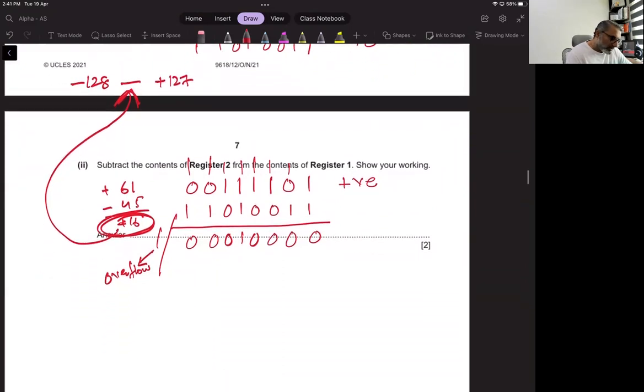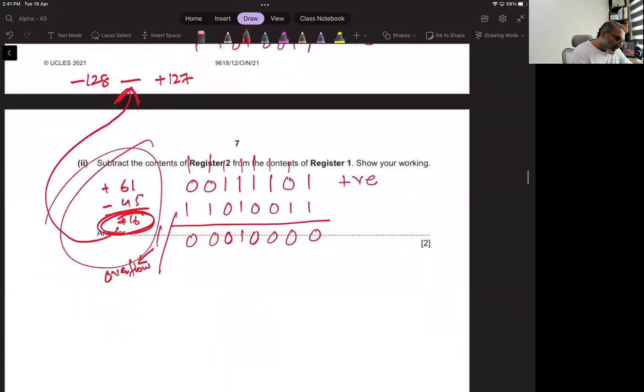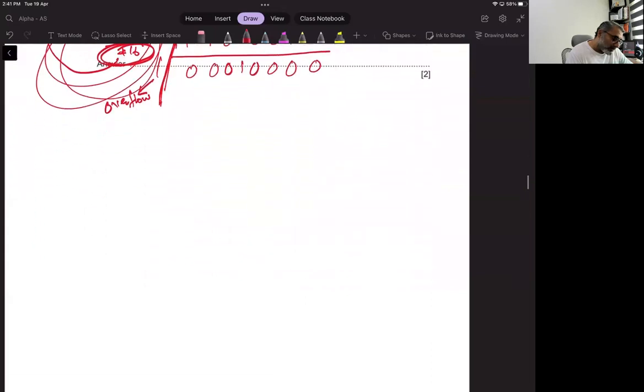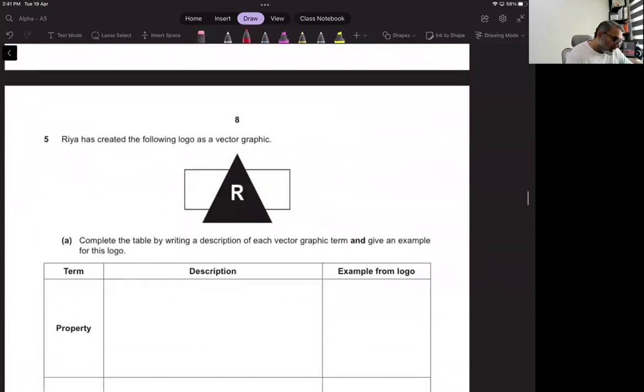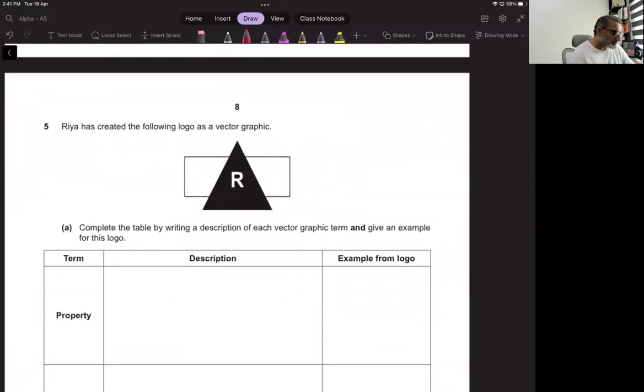So this is what your answer is, okay? So always perform this rough work. This slash is absolutely necessary so that your examiner would have an idea that whatever is on the left of this slash is excess, overflow.